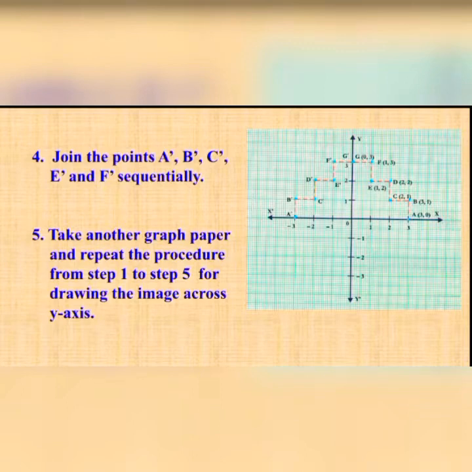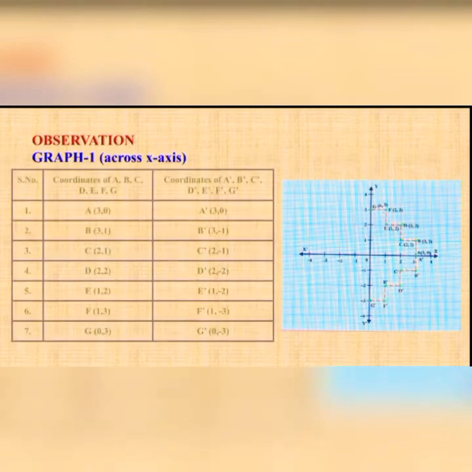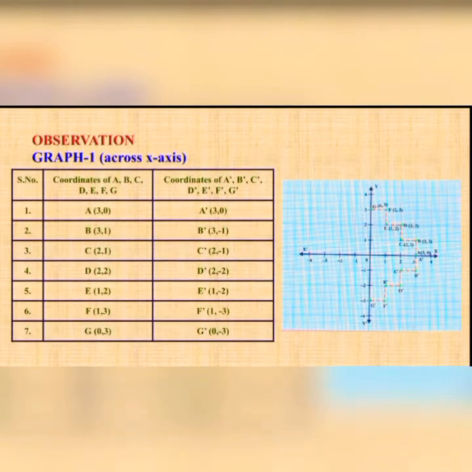Now, let's have some observations. Graph 1 is across the x-axis. The coordinates of A, B, C, D, E, F, G are A is (3, 0), B is (3, 1), C is (2, 1), D is (2, 2), E is (1, 2), F is (1, 3) and G is (0, 3).